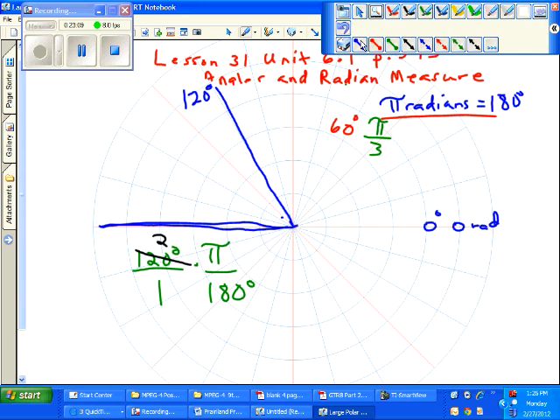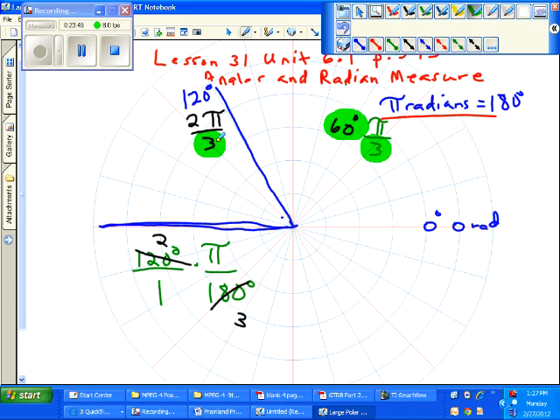And I'd say 60 goes into that 2, and 60 goes into that 3. And so I end up with 2 pi over 3. Did you notice that anytime I have a denominator of 3 on my radians, my degree reference angle is 60, because 60 times 3 is 180. And even if I have a reference angle in another quadrant, it still has a denominator of 3. So anywhere you see a radian denominator of 3, you have a reference angle of 60.